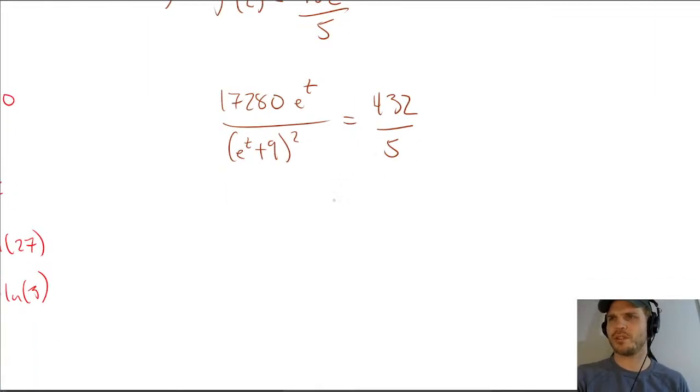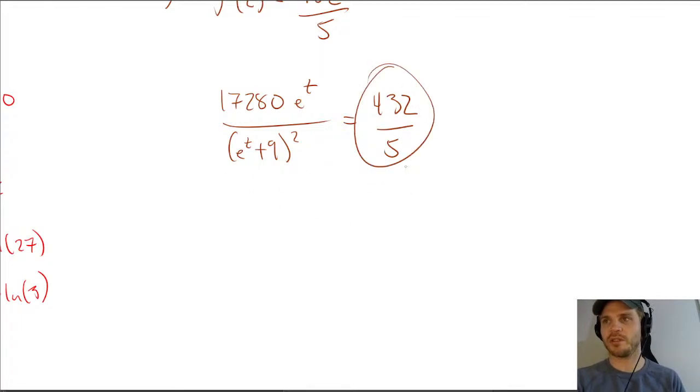What are we going to do here? Let's see. Oh, that's beautiful. So I'm going to cross multiply here and then divide this coefficient. Let me take a couple steps. So this is after the cross multiplication.